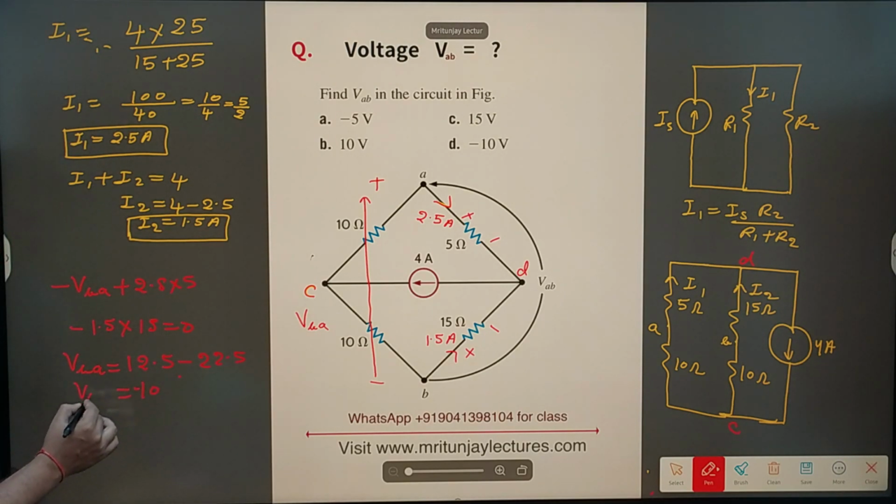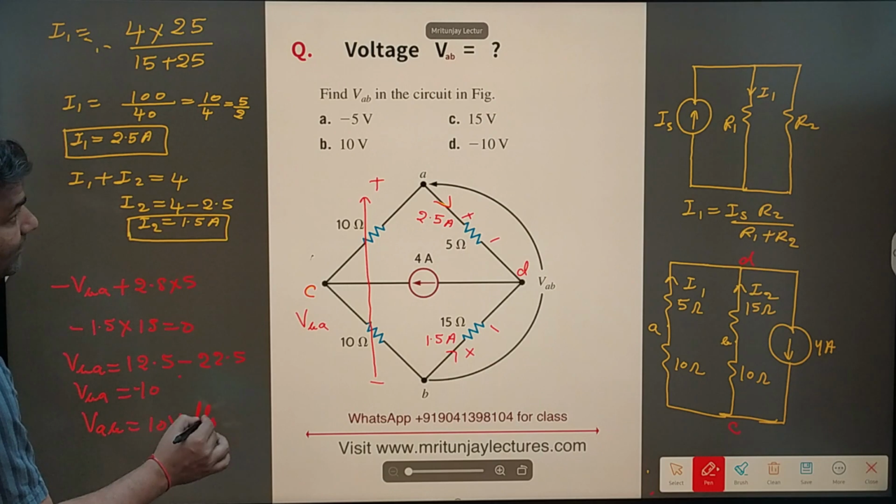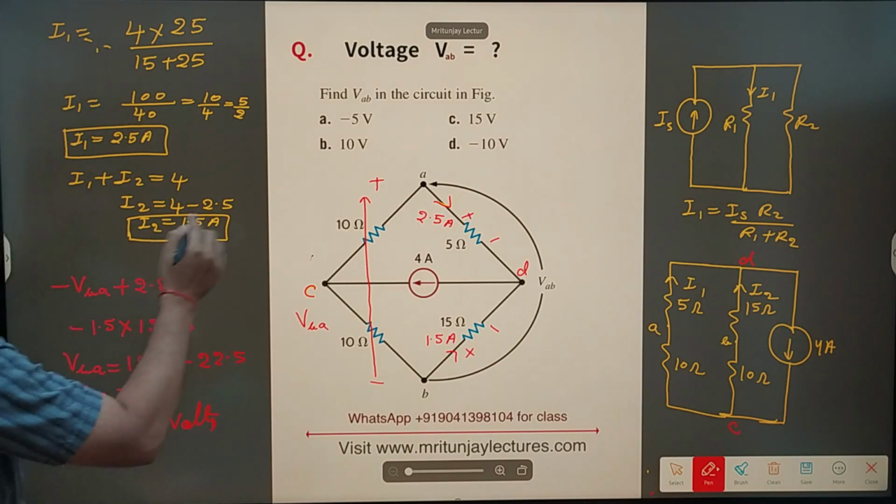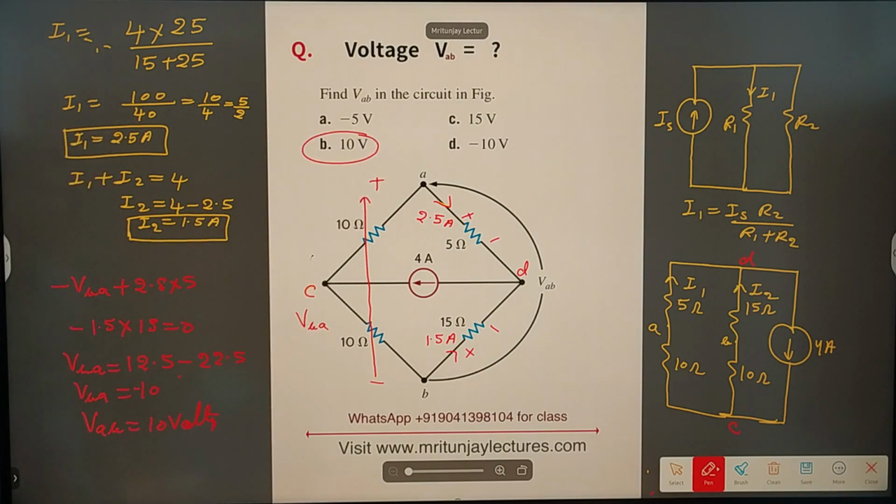So that is V of BA. So if written as V of AB, that is 10 volt. Okay, so which option is the correct option? B is the correct option.